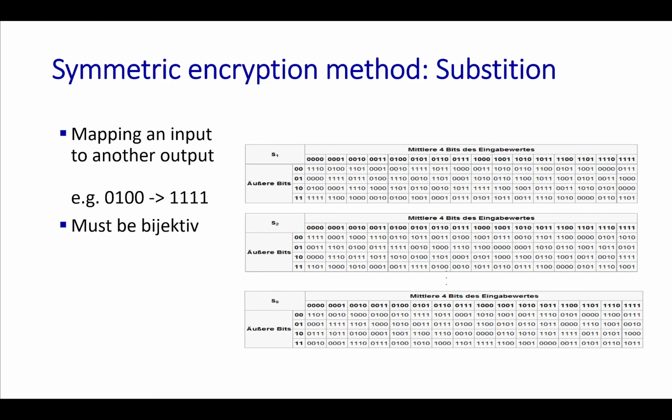The second step, what is typically also used, are substitution boxes. A substitution is where you have a clear mapping table, let's say.